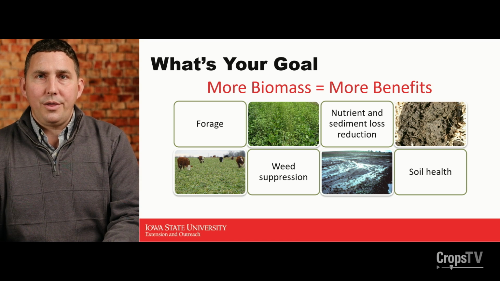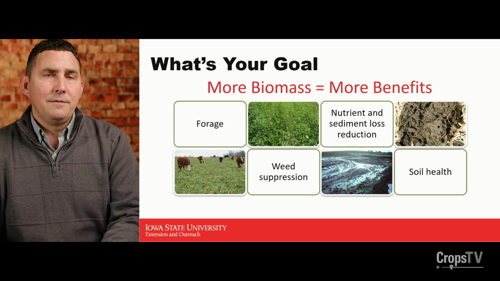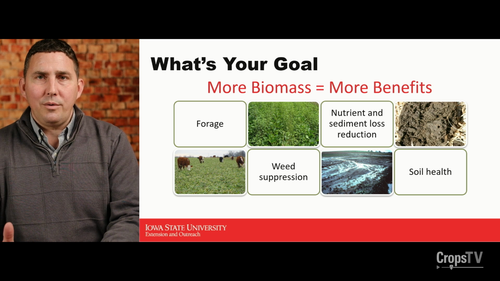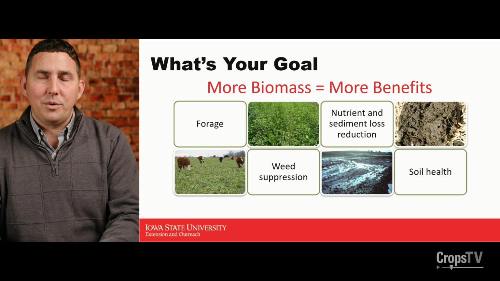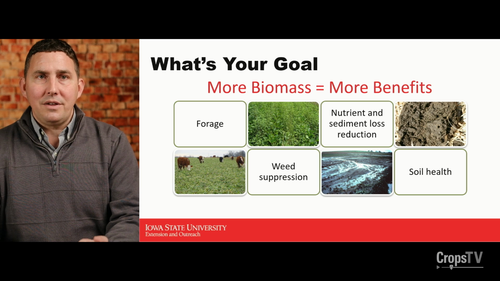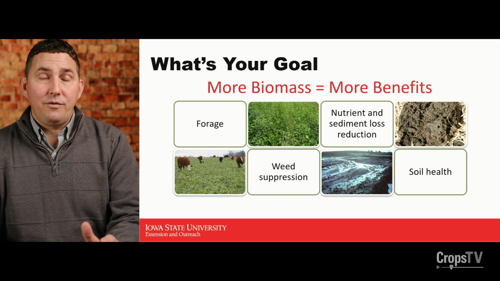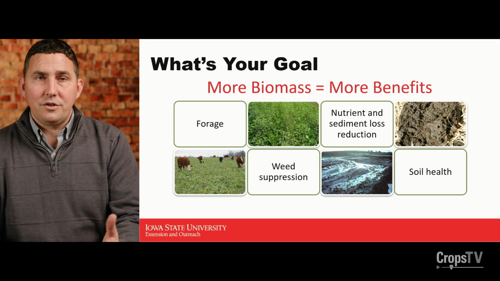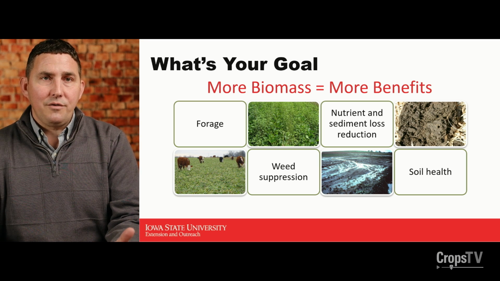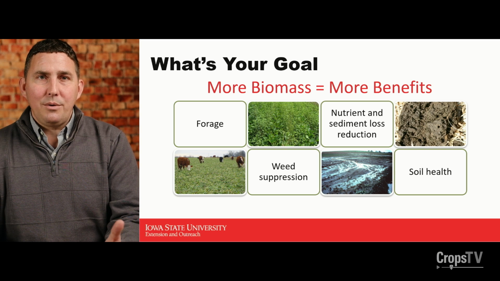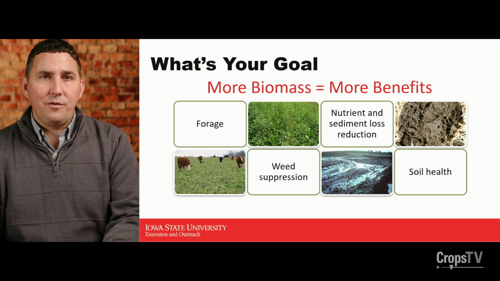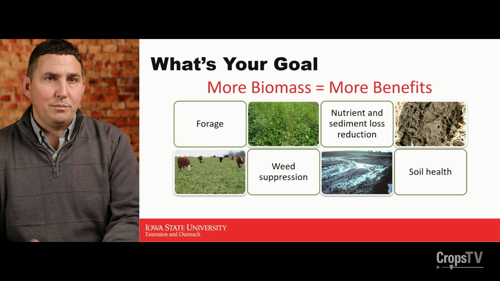With soil health or nutrient sediment loss reduction, we may only need 2,000 or 3,000 pounds of biomass to really get us to that critical point where we get the benefits, but we're not necessarily having the negative side on the crop production. Whereas with forage potential, whether it's grazing or taking it for haylage, we're probably thinking that we need 4,000, maybe even up to 6,000 pounds of biomass out there.